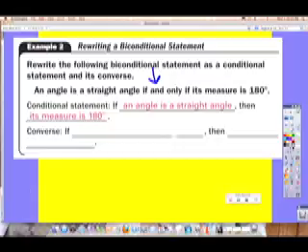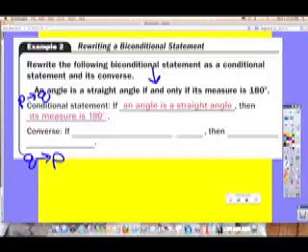So conditional statement, our hint on our reference sheet is start with the hypothesis, and then converse is do it backwards. Conclusion to hypothesis. Is it? Yeah, switch. Okay, here we go. So this one we would say if an angle measures 180 degrees, or if the measure of an angle is 180 degrees, same thing.